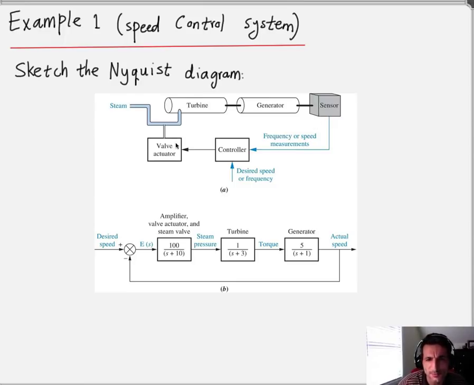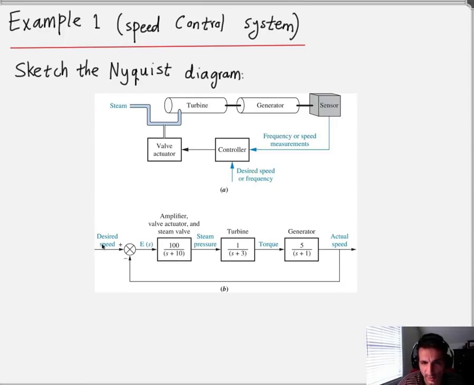The first sub-figure shows one application, the output frequency control of electric power from a combination of a turbine and a generator. By regulating the speed, the control system ensures that the generated frequency always remains within a tolerance, and any deviation from the desired speed is going to be sensed.